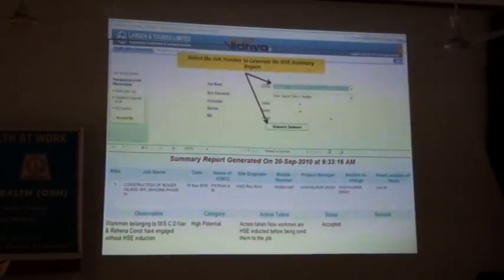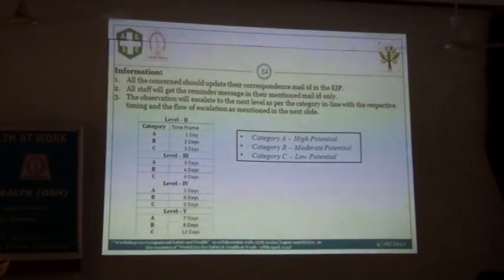So we get a summary report like this, for example, the job name, the date, the safety officer, the safety engineer, the site engineer, his mobile number. So we get a log at any particular time for a particular project very easily: how many things are pending, how many have been raised. And as you have said, the level can also be level 1, level 2, level 3, and the category A, B, C.